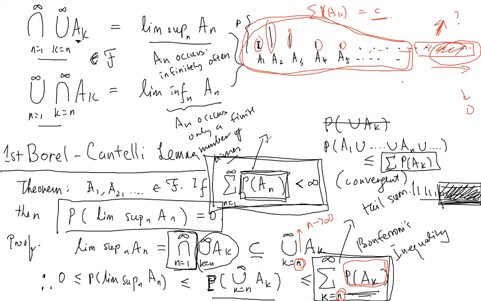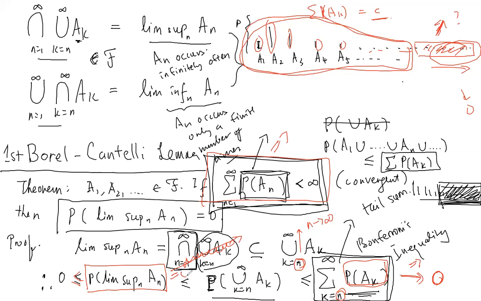So by hypothesis, if this converges, this implies that the tail sum has to converge to 0. So you can see that your P of lim sup An, the lower bound is 0, so it cannot go down already. And its upper bound is shrinking towards 0. Okay? So this implies that it will converge to, sorry, it's not even converging to 0.